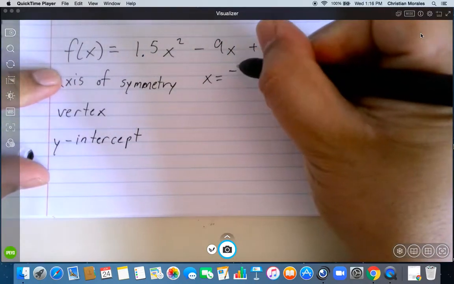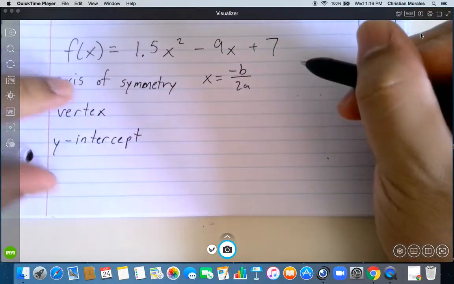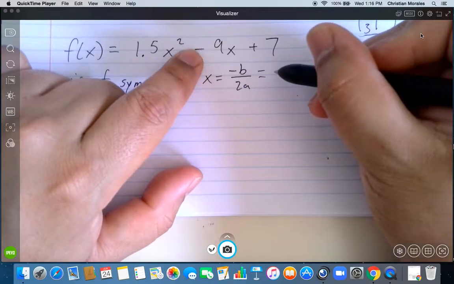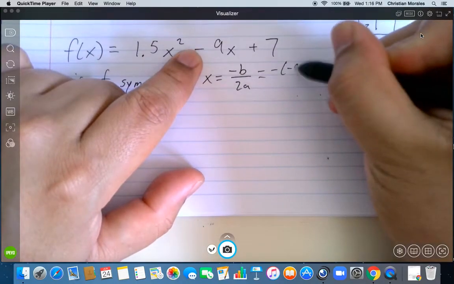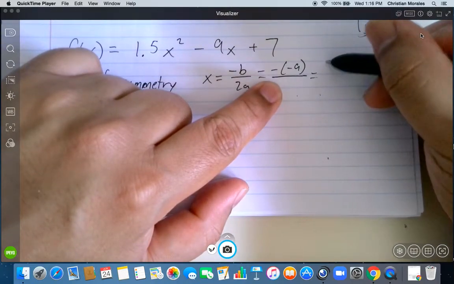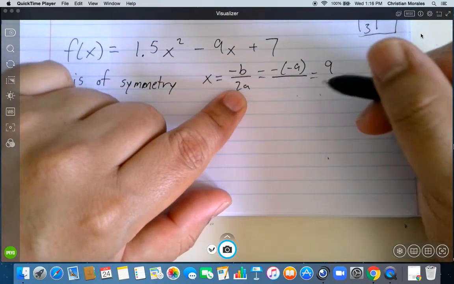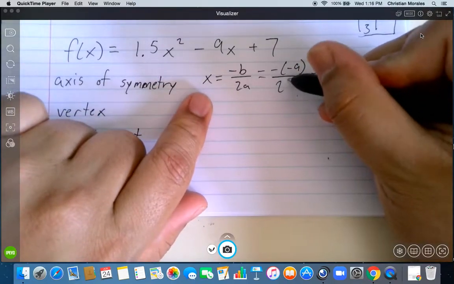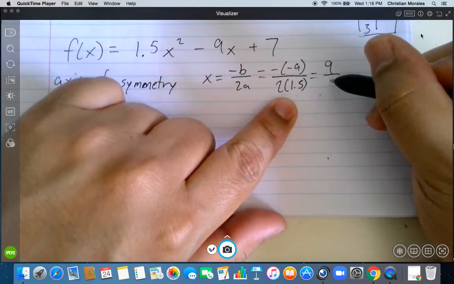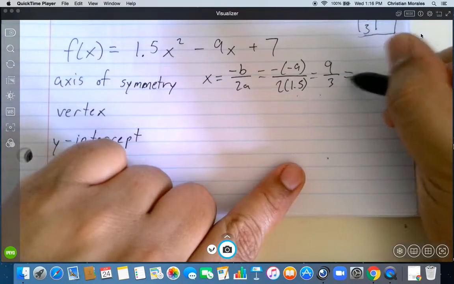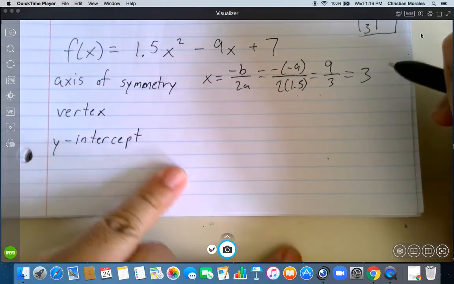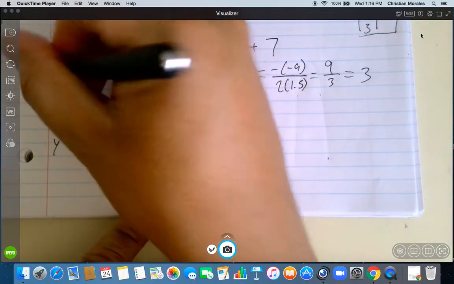X equals negative b over 2a. In this case, negative b is a negative 9. Because I'm plugging in a negative 9, negative and negative becomes a positive. A is 1.5, so I get 2 times 1.5. If I multiply that, that gives me 3. So I get 9 divided by 3 is 3. This is my axis of symmetry.